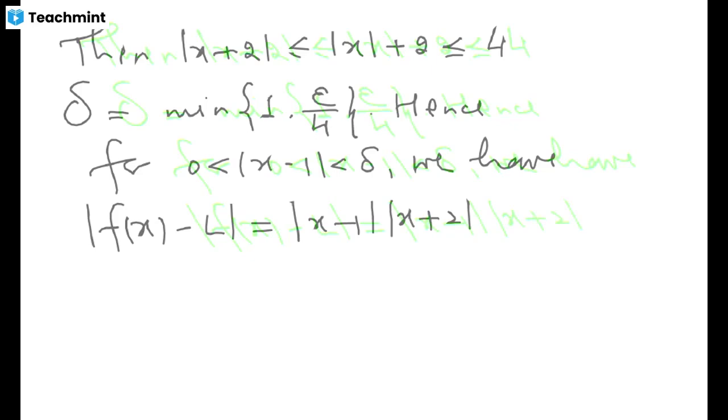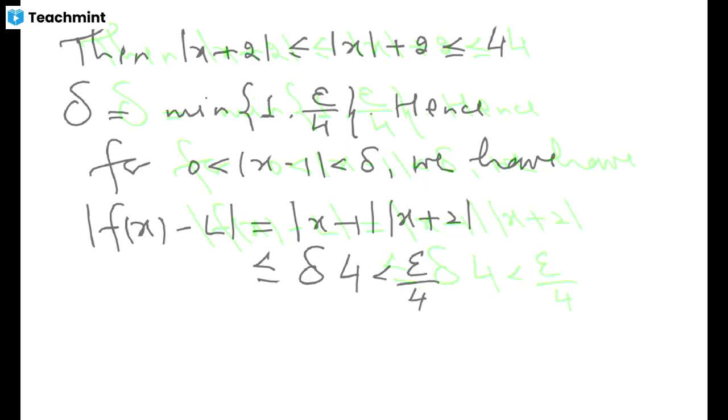And this is less than or equal to, because we have chosen delta, we have to keep in mind that delta has to be less than epsilon by 4, and it has to be less than 1 also. So that's why we take the minimum of 1 and epsilon by 4. In that case, absolute value of x plus 2 is less than 4, so delta times 4, because delta is then epsilon by 4.